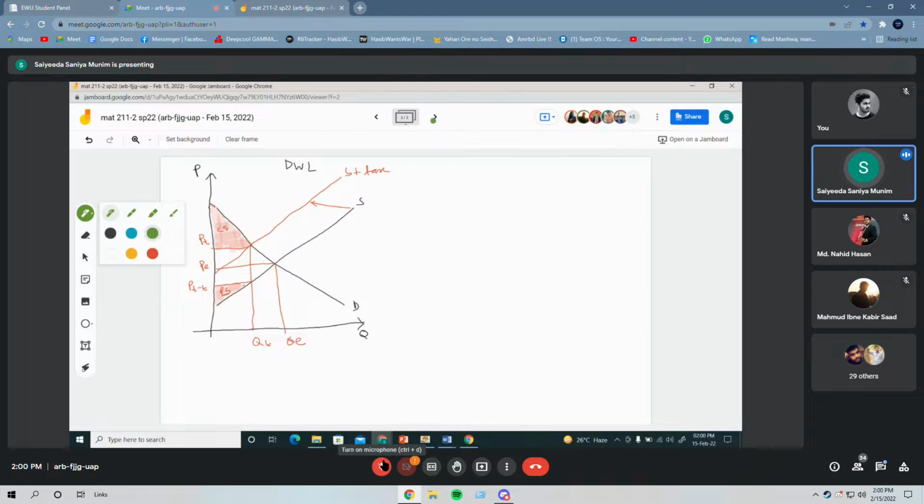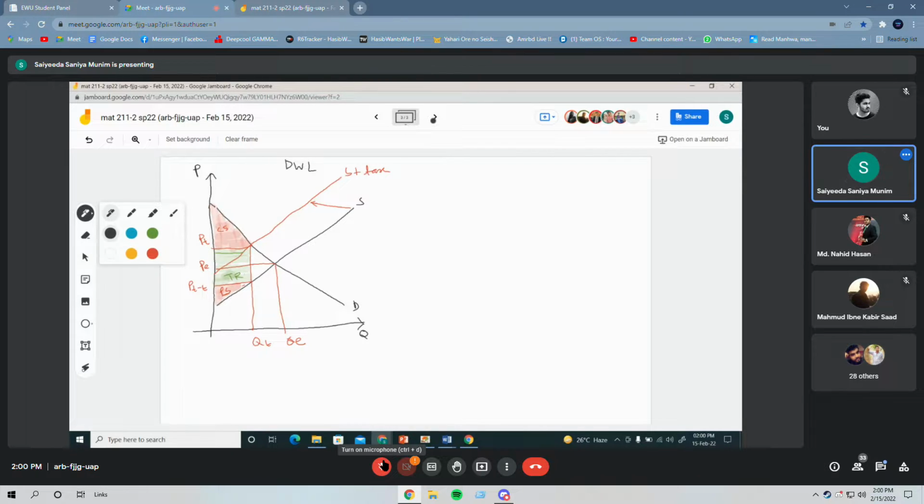Now, this area between the two prices, this is tax revenue. We calculated tax revenue earlier: the per unit tax times the quantity sold.